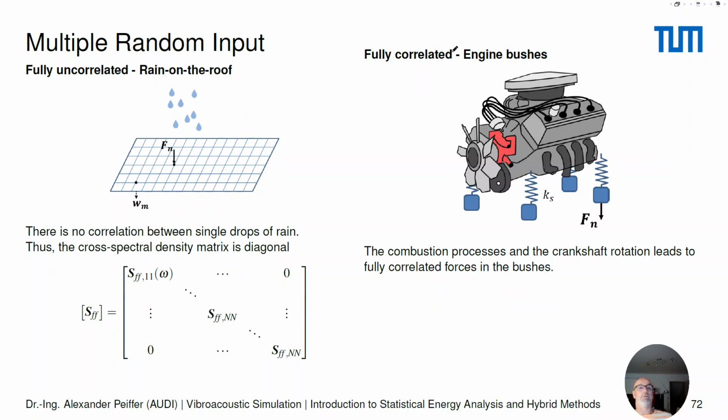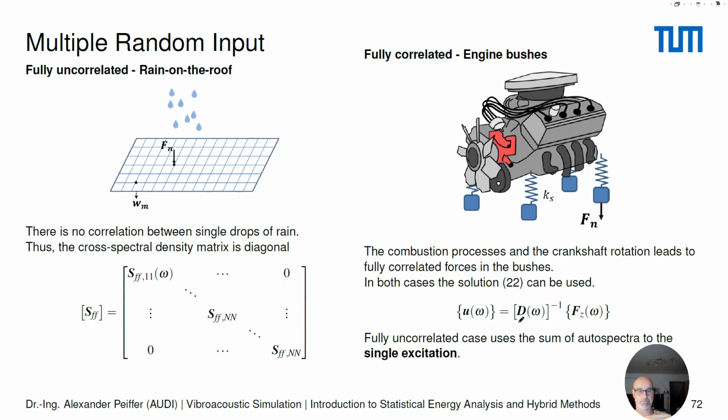Let's come to an example for fully correlated excitation. Just imagine that you have a combustion engine which has a rigid body motion and lots of vibration. One thing is clear: all this vibration comes from this stiff block, and whatever force is exciting any of the mounts, it will definitely be correlated, and especially for the main harmonics, it will be fully correlated.